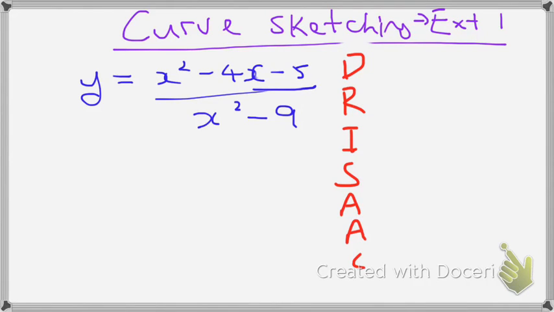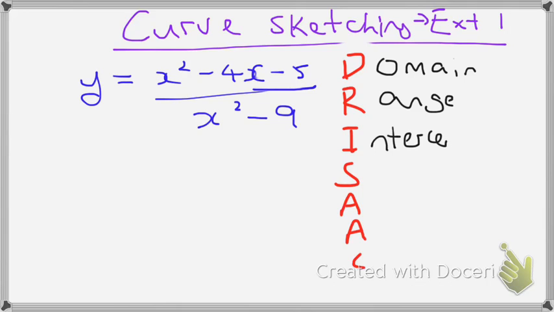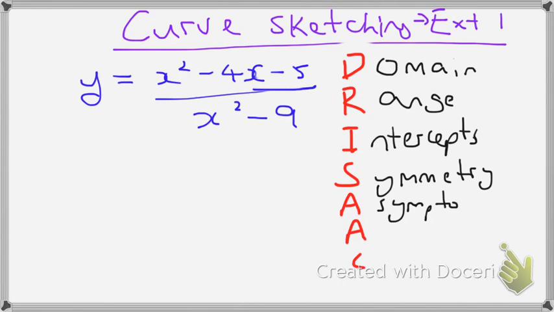So the important things are often remembered by people in an acronym called Dr. Isaac. They stand for domain, range, intercepts, symmetry, asymptotes, this one stands for anything else, which we'll talk about later, and then the last one stands for calculus.